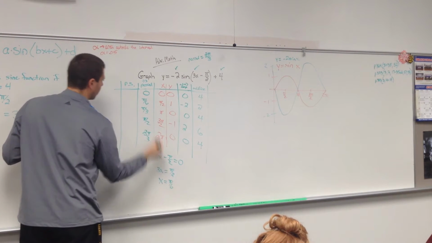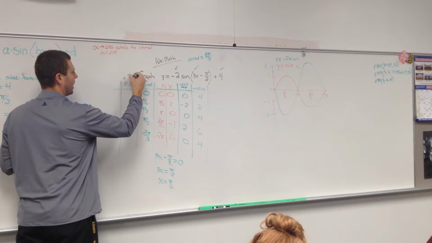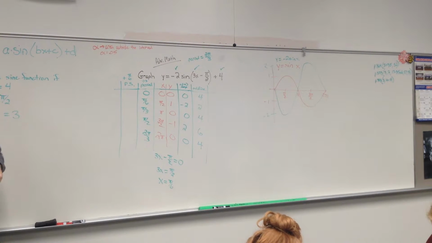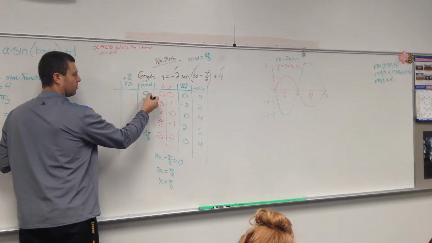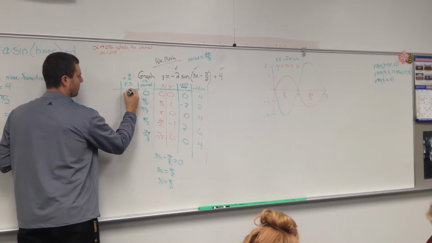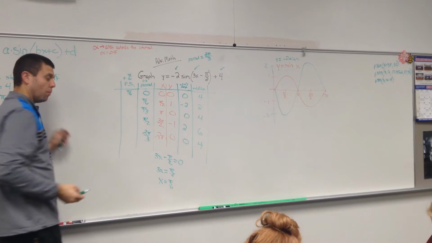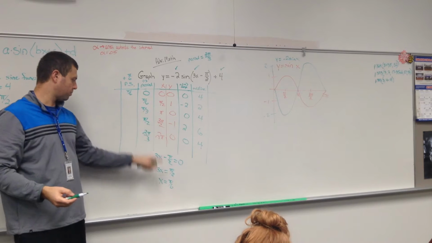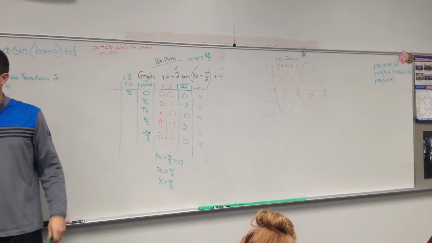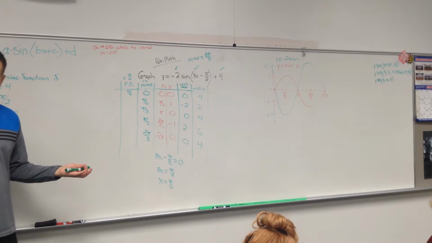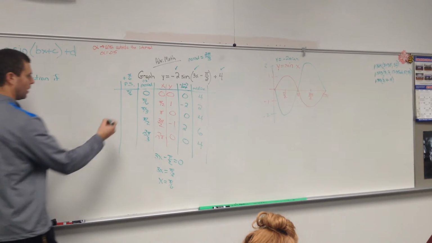Okay? So I'm going to add pi over 6 to each x value. Well, 0 plus pi over 6 is pi over 6. 1 pi over 6 plus another 1 pi over 6 makes 2 pi over 6, which would reduce to pi over 3.